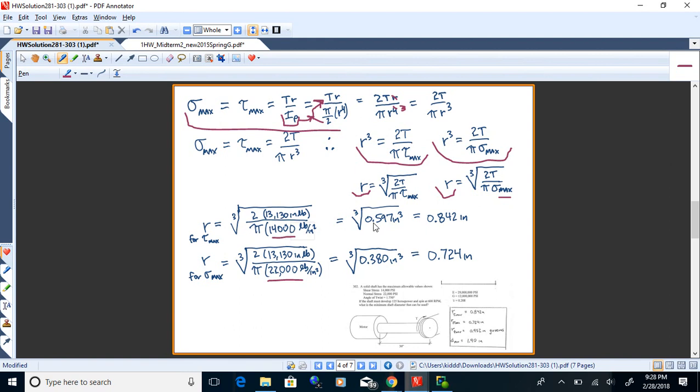That's 0.842 inches for tau max, and 0.724 inches for sigma max. So those are two values that I've got so far. I need to do one more for the twist. So I'm just solving for these allowable values, with tau max and sigma max, running those through this formula I've developed and solving for the radius for both cases.